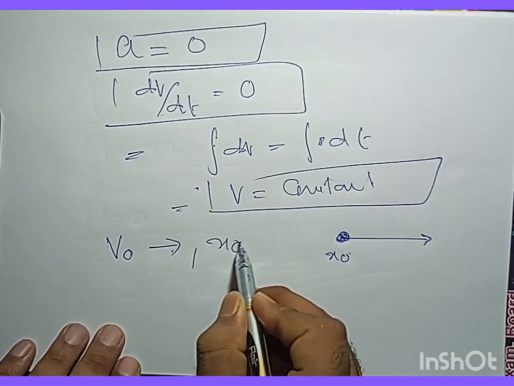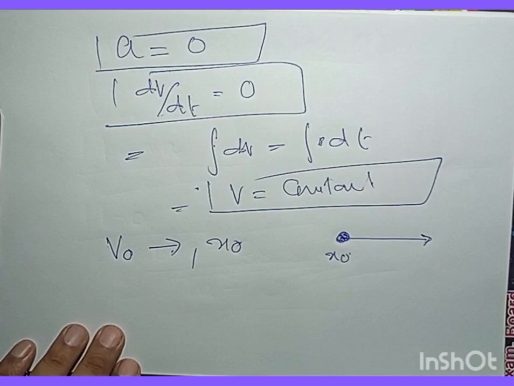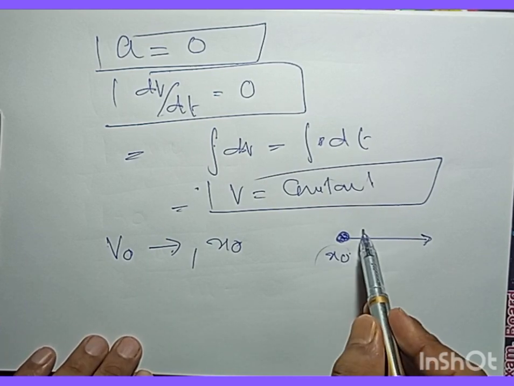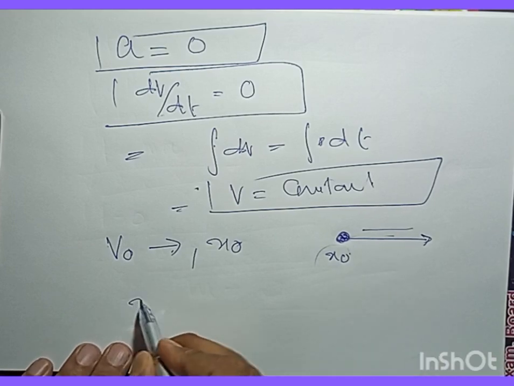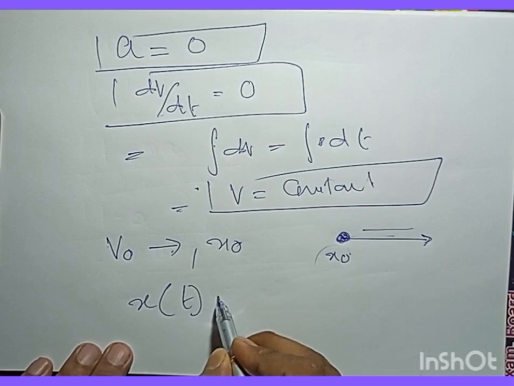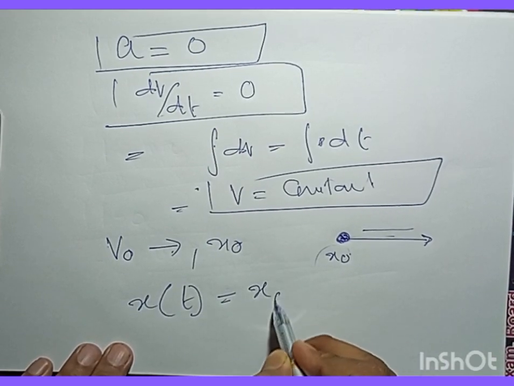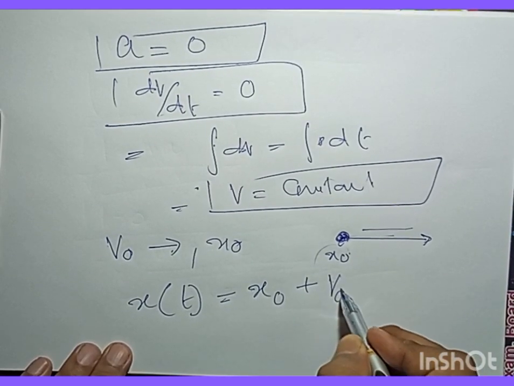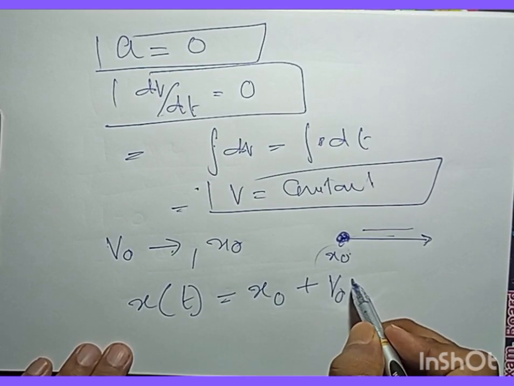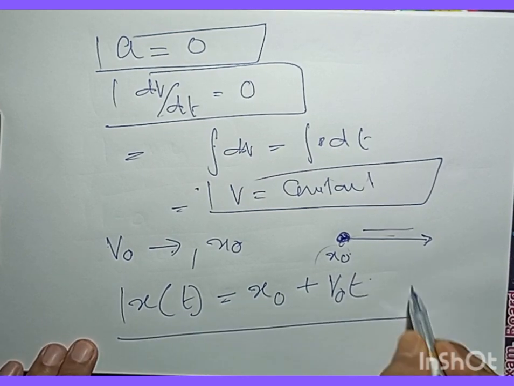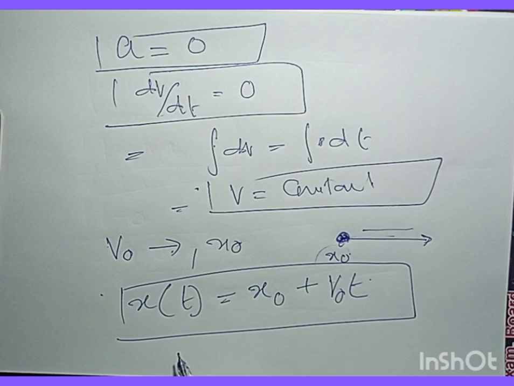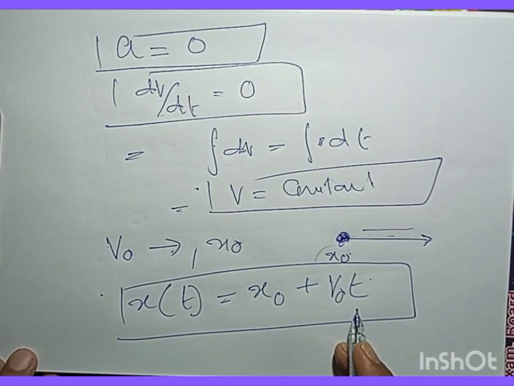If this is the case, we can write down the position of this particle as a function of time. That's going to be x0 plus the initial velocity with which it is moving times the time t. This gives us the position of the particle after a time interval equal to t seconds.